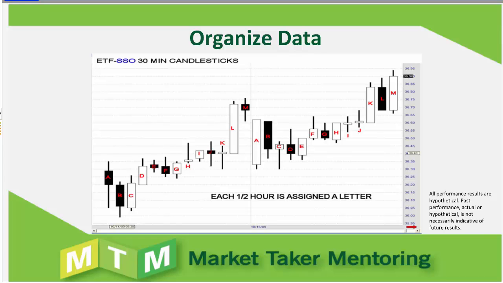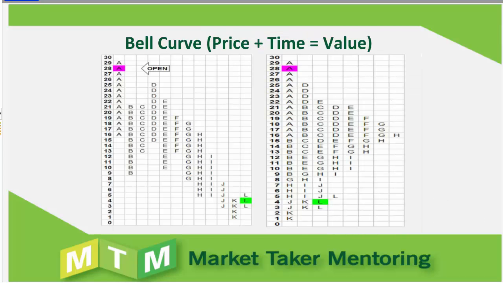On a given trading day, there's probably 13, maybe 14 30-minute periods during regular trading hours. So it's just a matter of marking the days. Now, if you were to take a bar chart and just make each bar a letter, this is what it would look like. And that's nothing but a bar with letters.